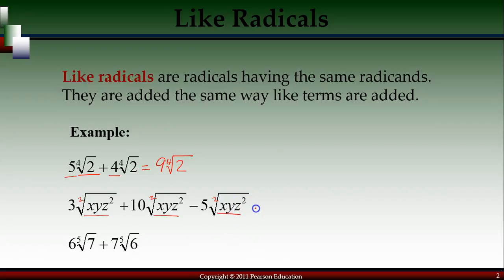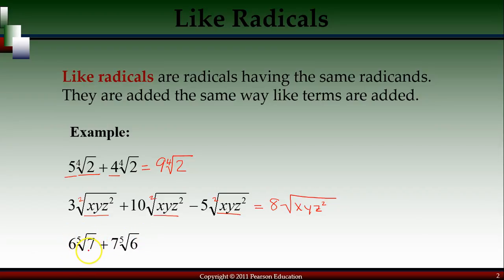Your solution would be whatever 3 plus 10 minus 5 is. That's 5 plus 3, so 8 square root of x, y, z squared. And then same thing down here.